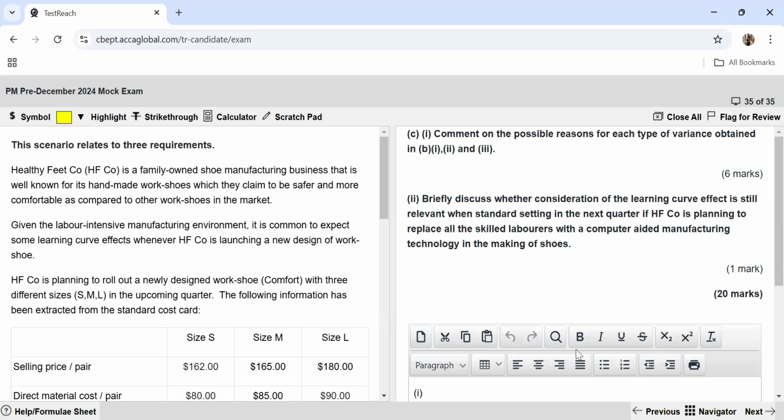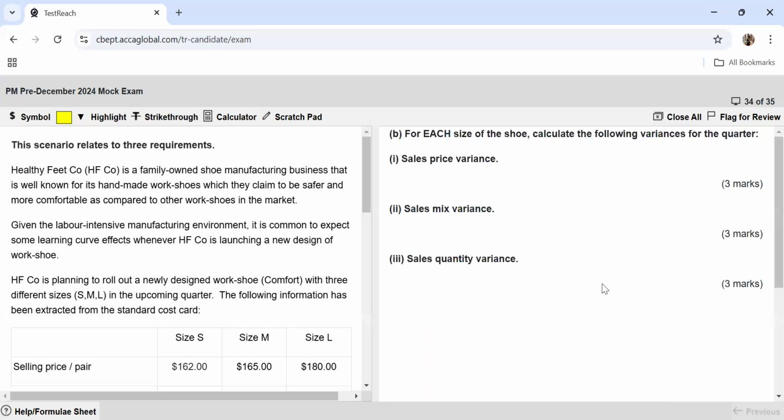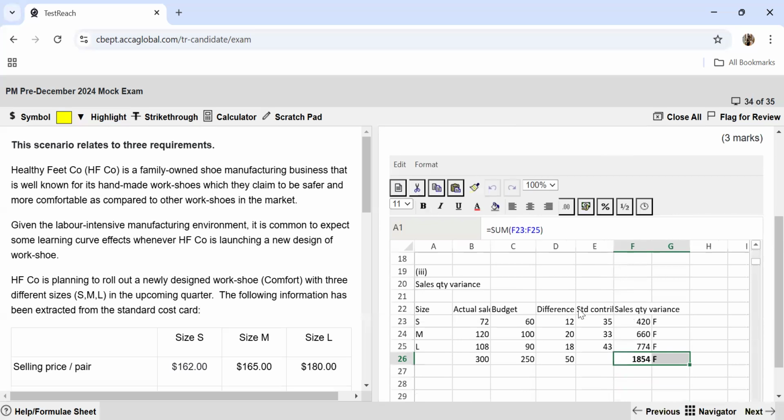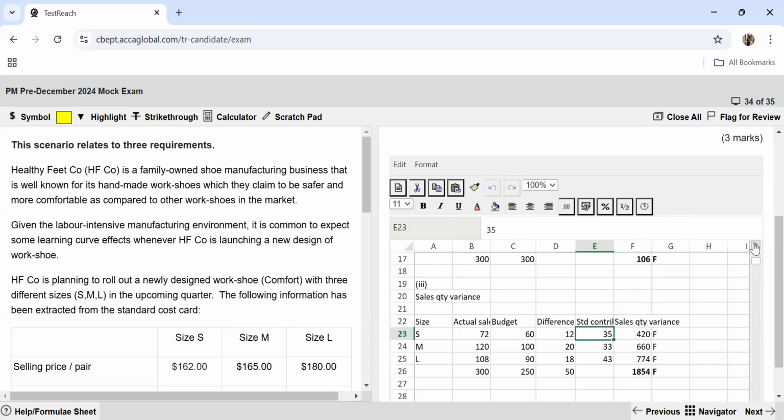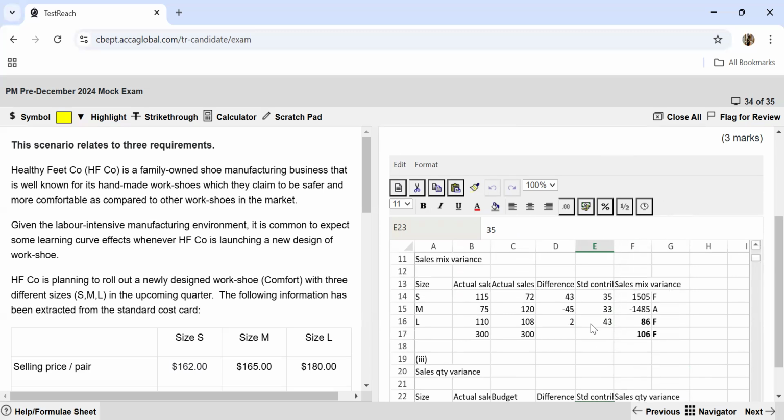That means shoe size S and L. Have a look here. Which of the sizes give you higher contribution? Highest is given by L, and second highest is given by S. So the products which were giving you higher contribution, those are the ones which have been sold more. So it's a good thing for the business, right?